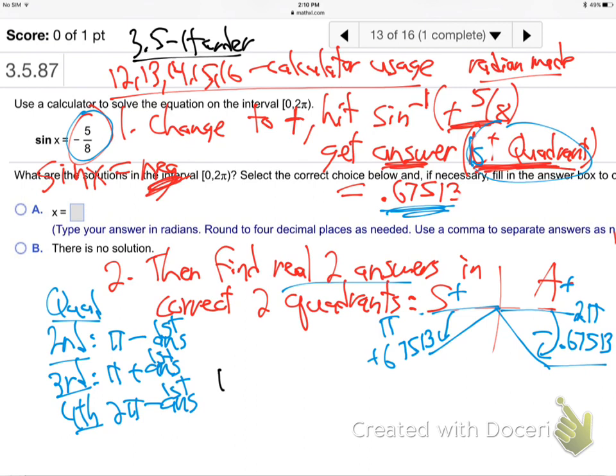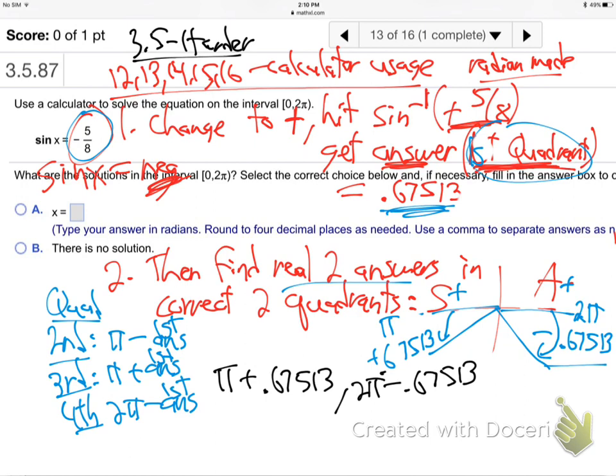So the real two answers are pi plus 0.67513 and 2 pi minus 0.67513. So use the pi button on your calculator. I'm going to do that right now.